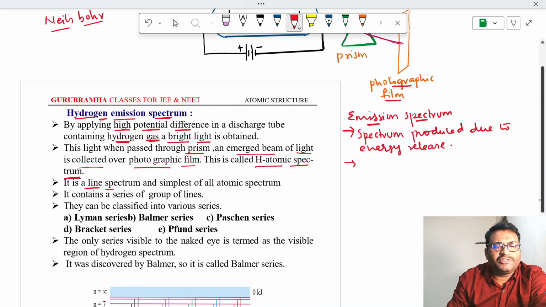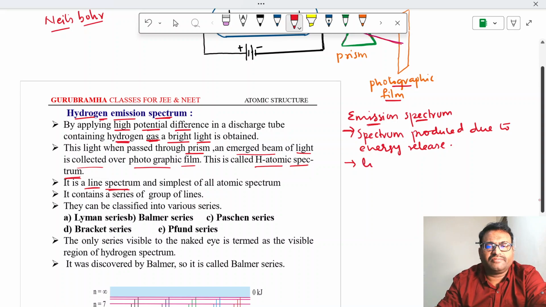And hydrogen spectrum is a line spectrum. What is meant by line spectrum? Line spectrum is produced by atoms. This spectrum is characteristic of atoms in gaseous state.